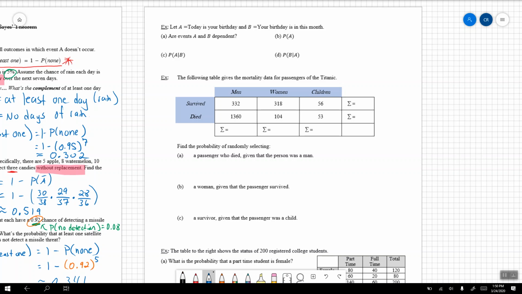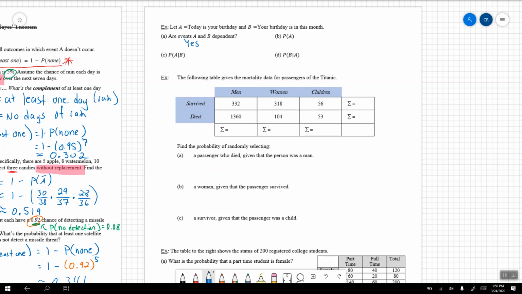So the big question is, are the events A and B dependent, meaning, do they depend on one another? Your answer to this should be yes. They are dependent, because if today is your birthday, then it's your birthday month.